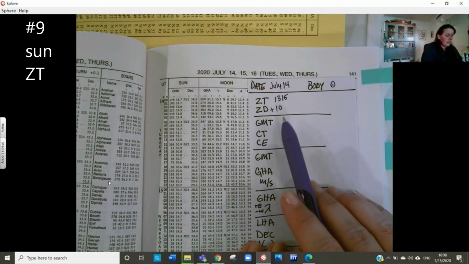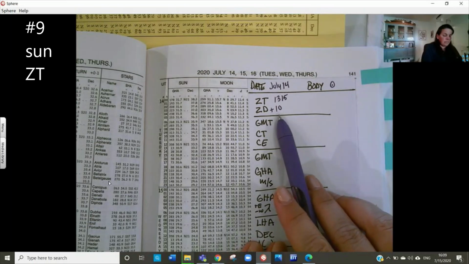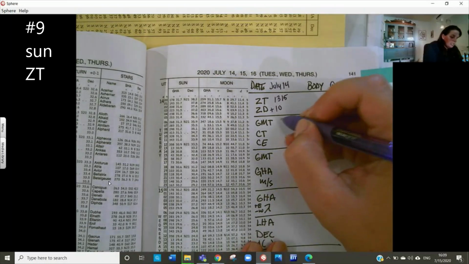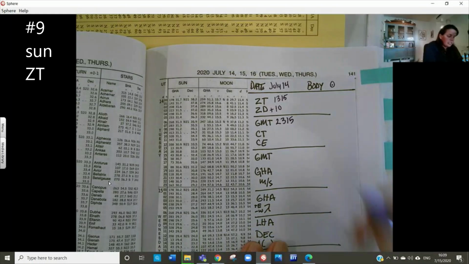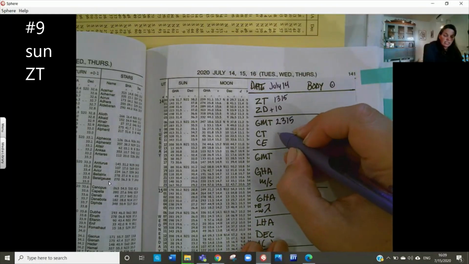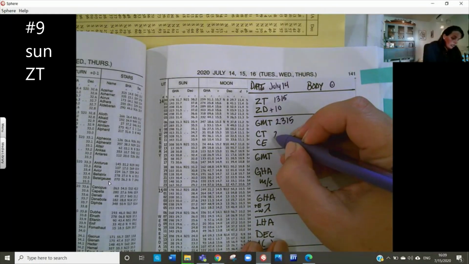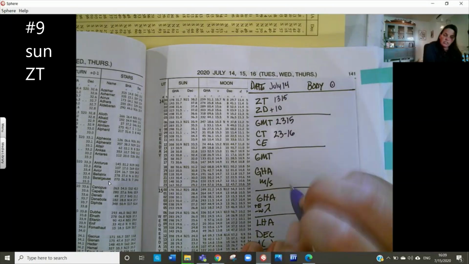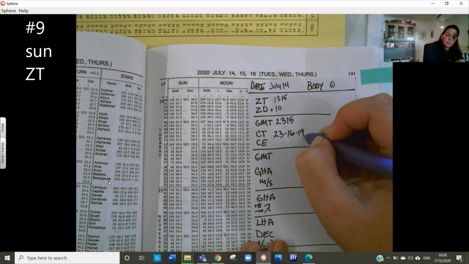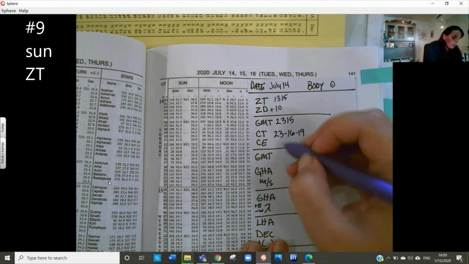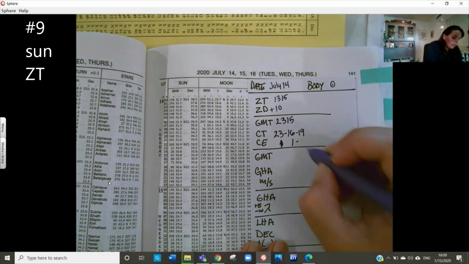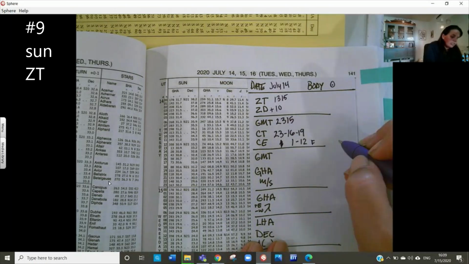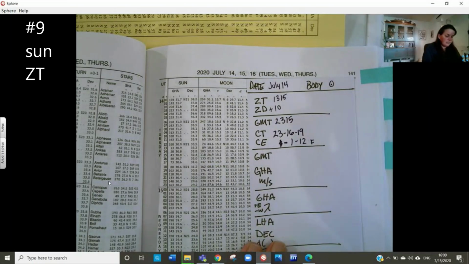So we have a zone description of plus 10, so our GMT time is actually 23:15, and they told us our chronometer reads 11:16, so we know it's actually 23:16:19, and our chronometer is 1 minute and 12 seconds fast, so we need to subtract that.